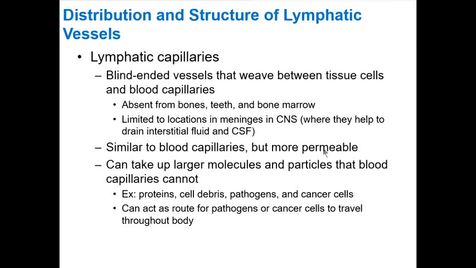They're more permeable than blood capillaries, meaning more fluid can enter lymphatic capillaries than blood capillaries. So it can take up larger particles, which is important to fight infection because debris, pathogens like bacteria can enter the lymphatic system, cancer cells, for example, as well.